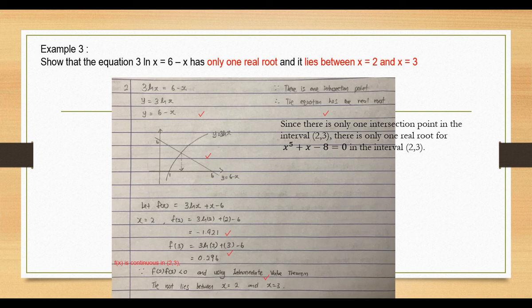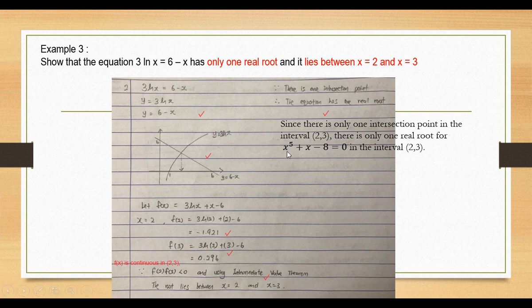Then, to show it lies between x equals 2 and x equals 3, we have to use the IVT. So this is the graph. Then there is one intersection point. The equation has one real root, but this is not a proper reason and conclusion.